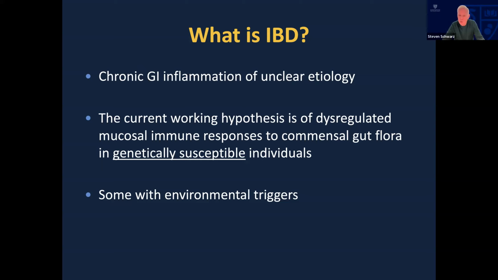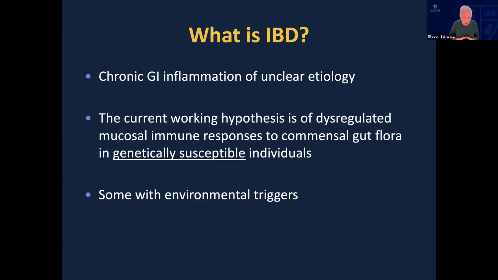I use the word commensal with some trepidation. It's actually resident flora. Commensal would really refer more to normal flora, and we now know that the flora in patients with IBD is different. But most important, it's our response to the microbiome in a genetically susceptible individual.